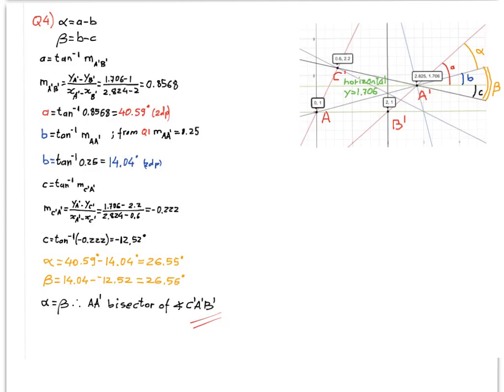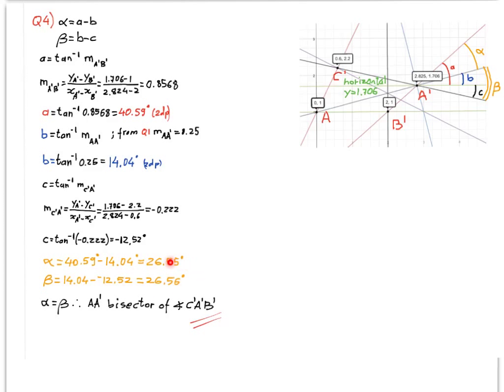I get the gradient for C prime A prime equal to minus 0.222, and therefore C is going to be tan to the minus 1 of minus 0.222, and that is negative 12.52 degrees.